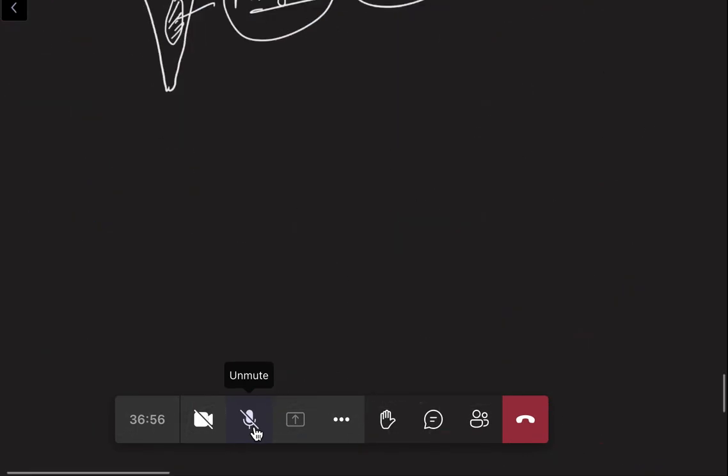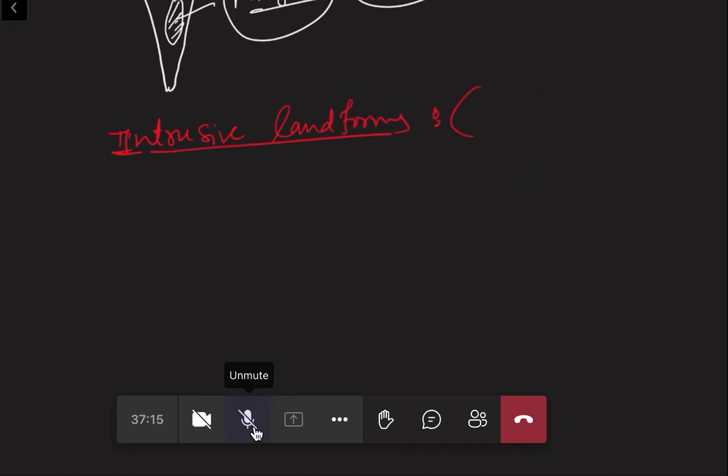Now there are many other things also, for example intrusive landforms. The landforms that we studied are extrusive, which we see from outside. What are intrusive landforms? We are seeing the mountains, so intrusive mountains.